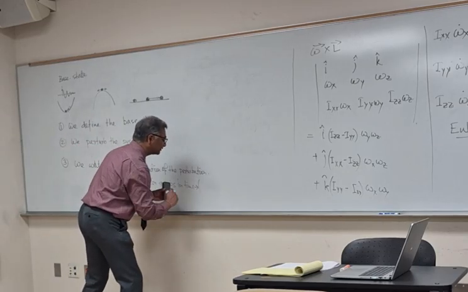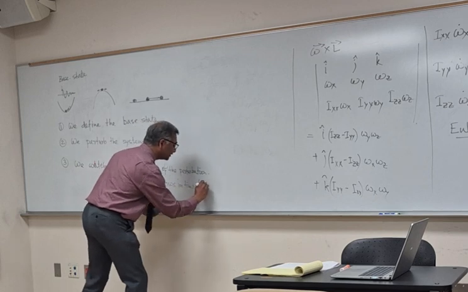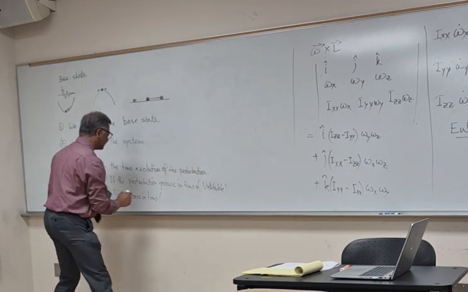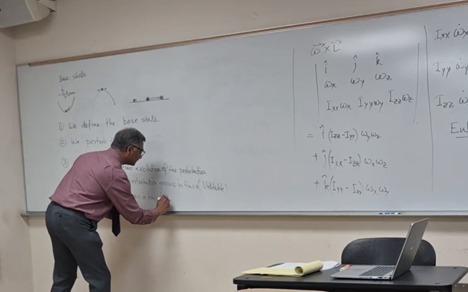The other way around. If the perturbation grows in time, we call it unstable. If the perturbation decays in time, we call it stable.